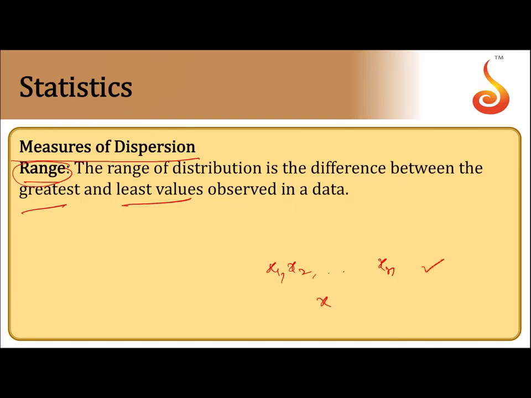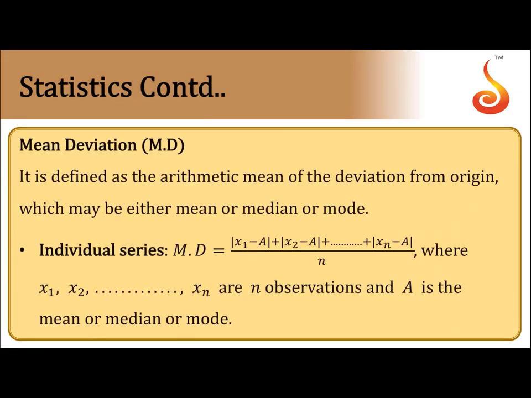That is the highest or greatest value minus the least value, x_max minus x_min. So the greatest observation minus the least observation is called the range.